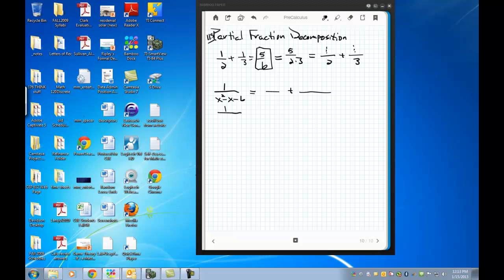So the first thing I'm going to do is factor this into x minus 3 and x plus 2. Now, I have no idea what the numerators are going to be yet. So I'm going to put an x minus 3 here and an x plus 2 here, and then I'm just going to put a constant. How about capital A? Capital B. I know in the past we've used capitals to denote matrices, but we're not going to do that this time.